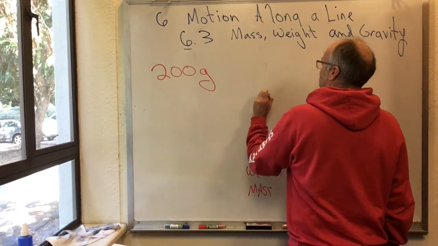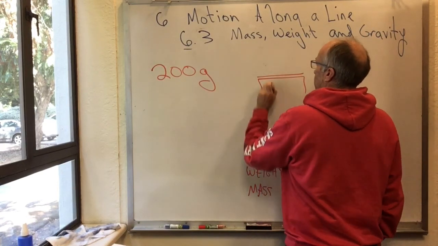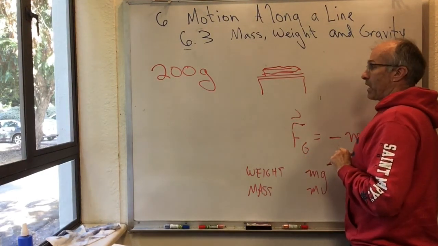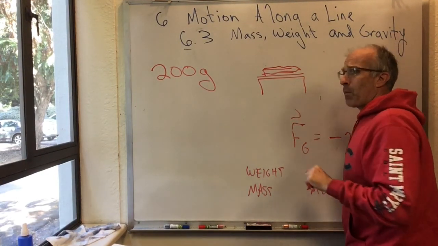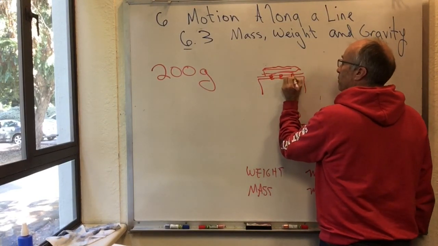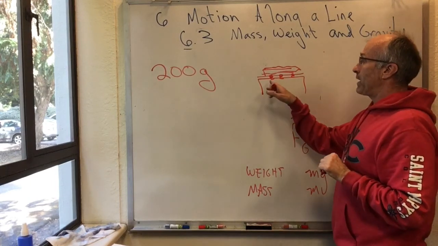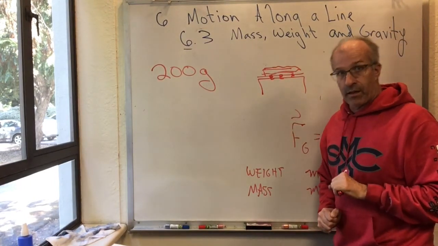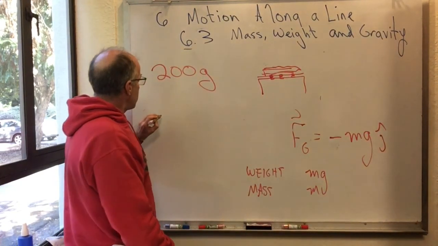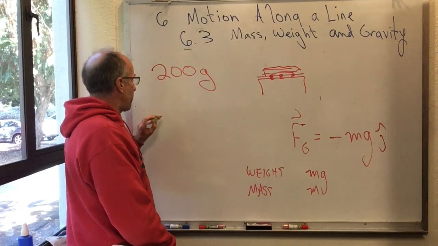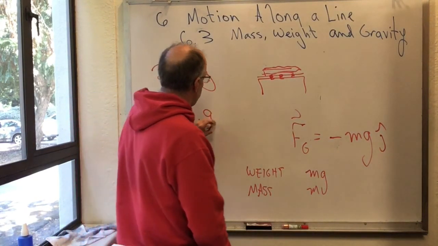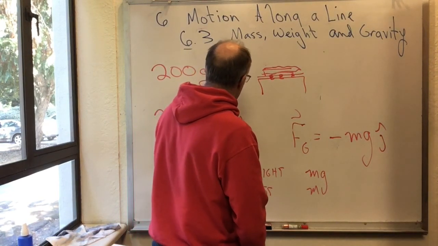They get out a scale, and they put your little pile of ham onto the scale after it comes out of the deli slicer, and they figure out how much it weighs. Inside the scale is actually a bunch of little springs. So what's really happening is a scale is a force detector, not a mass detector. So what they really did was sell you not 200 grams of ham, but an amount of ham that weighs 200 grams times 9.8 meters per second squared.